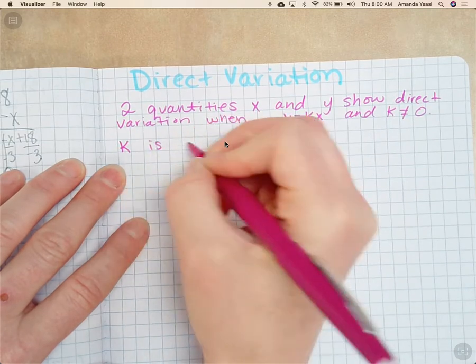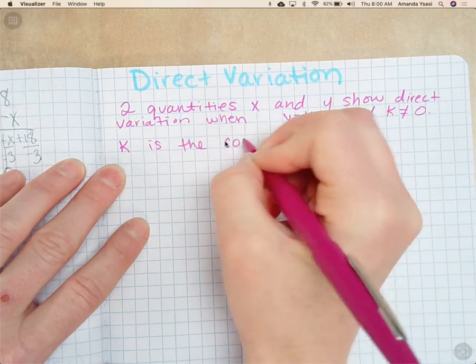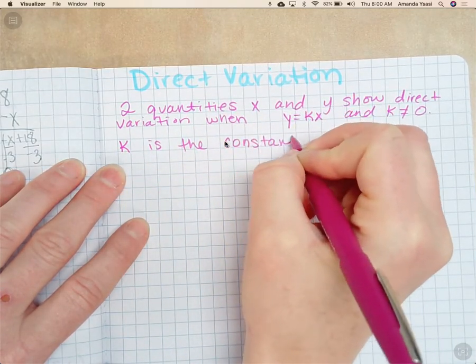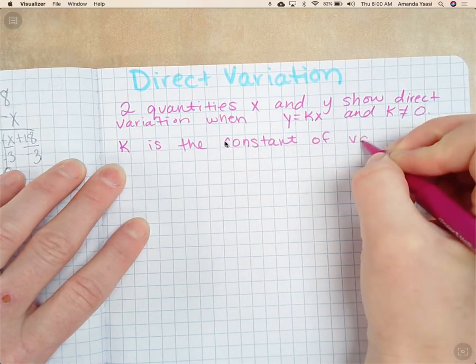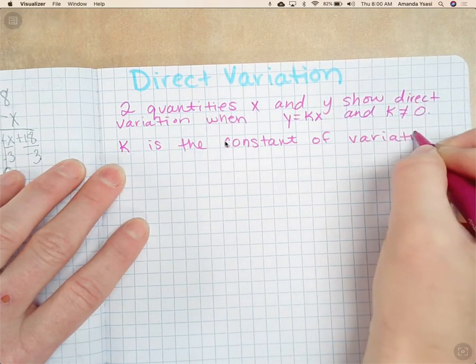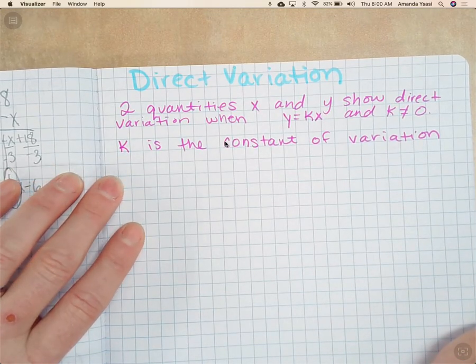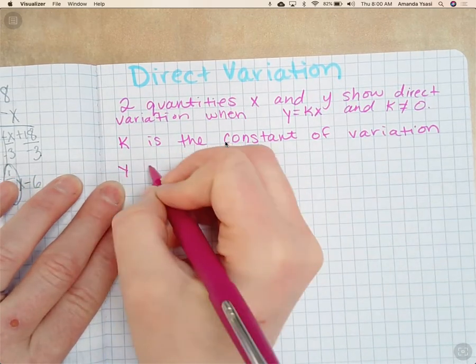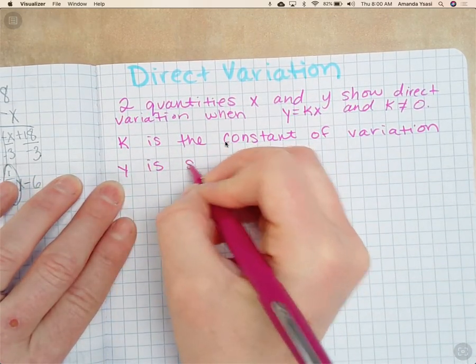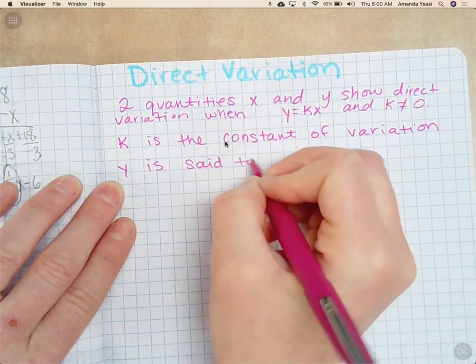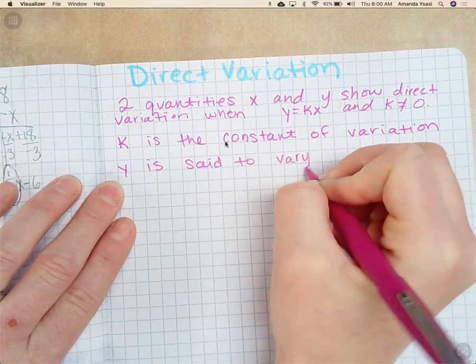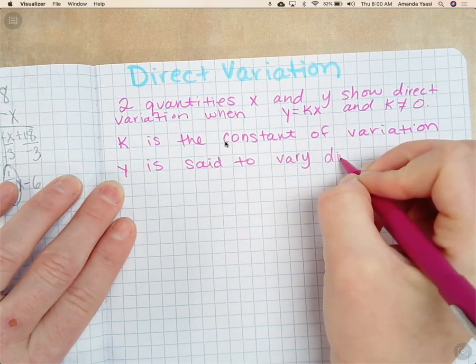K is the constant of variation. Y is said to vary directly with x.